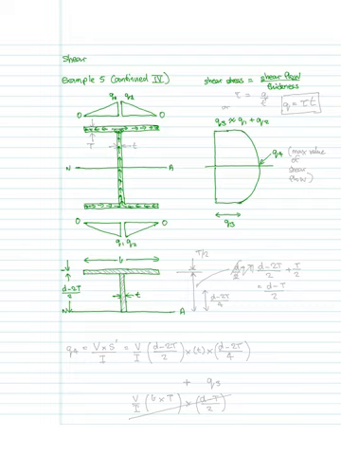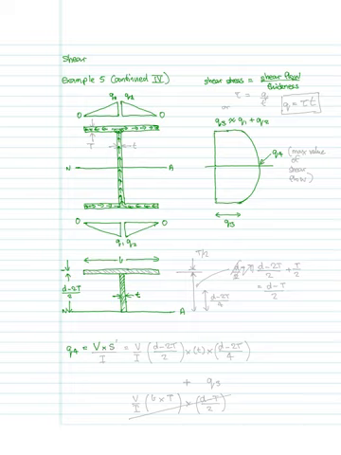We've got B as the breadth of the section, and then we would have T as the thickness of the flange, and small t as the thickness of the web.